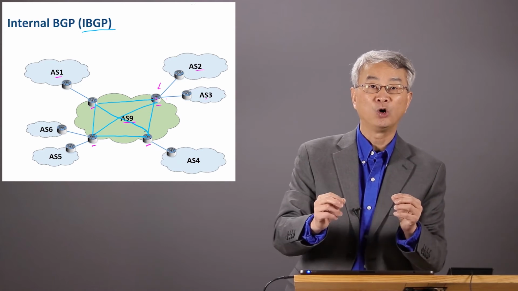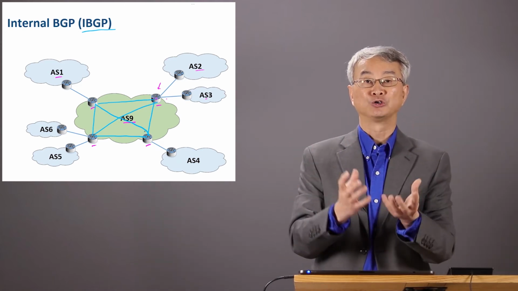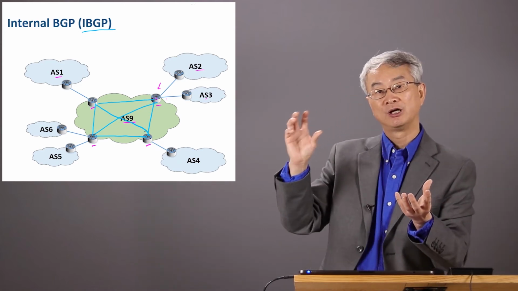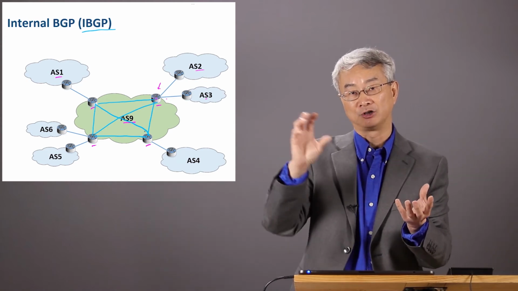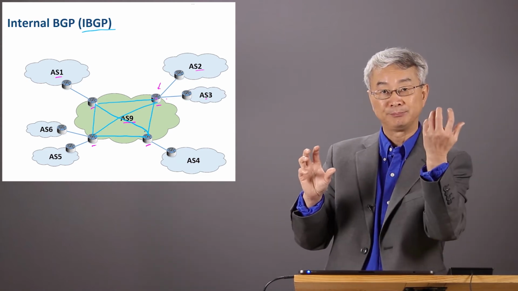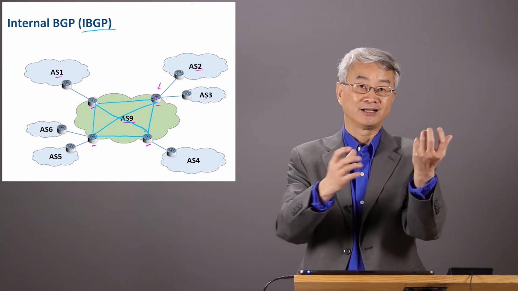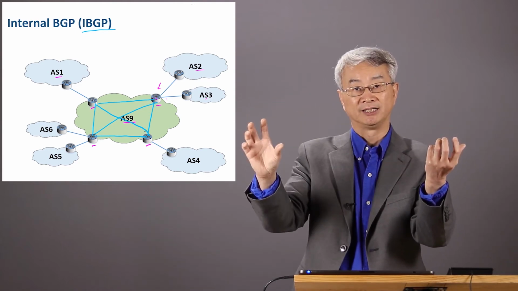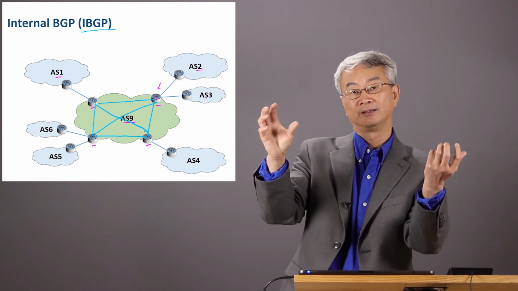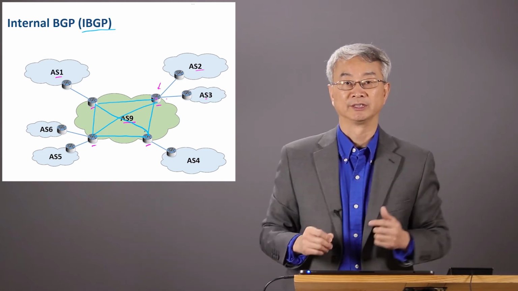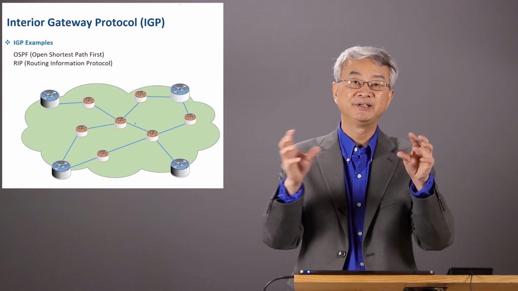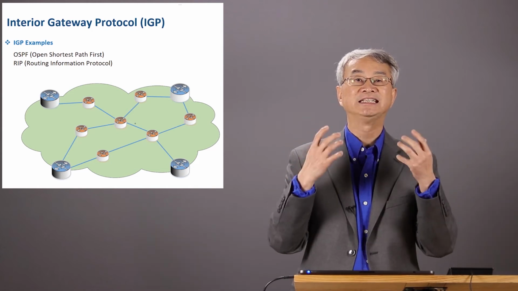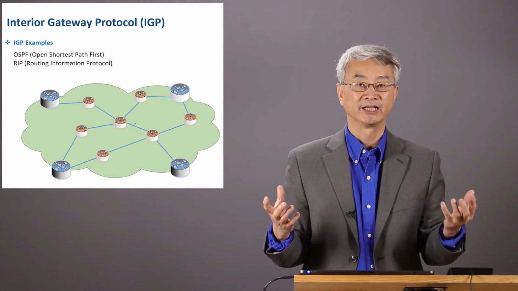And so they know that my autonomous system can reach many different autonomous systems, even though this BGP speaker here does not directly connect to the BGP speakers outside, but they're going to share the information internally. The iBGP is still the BGP protocol for the BGP speakers to communicate.